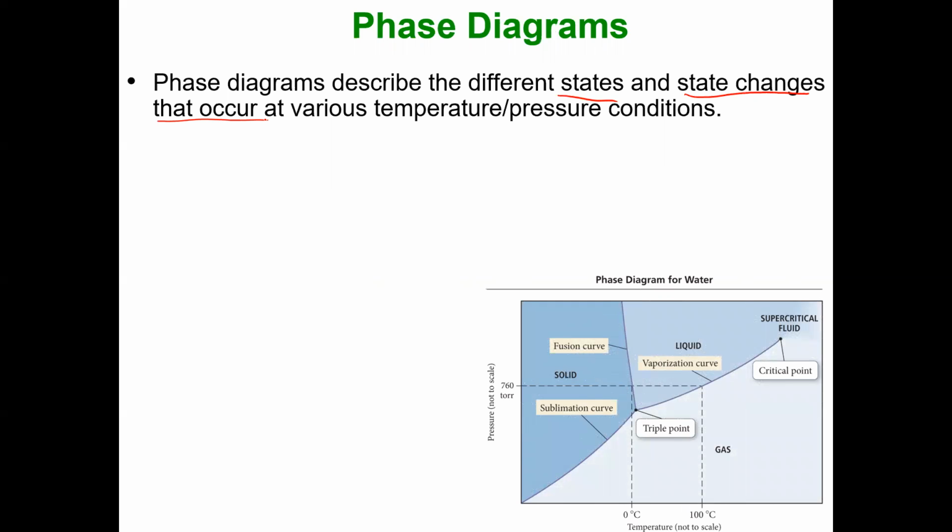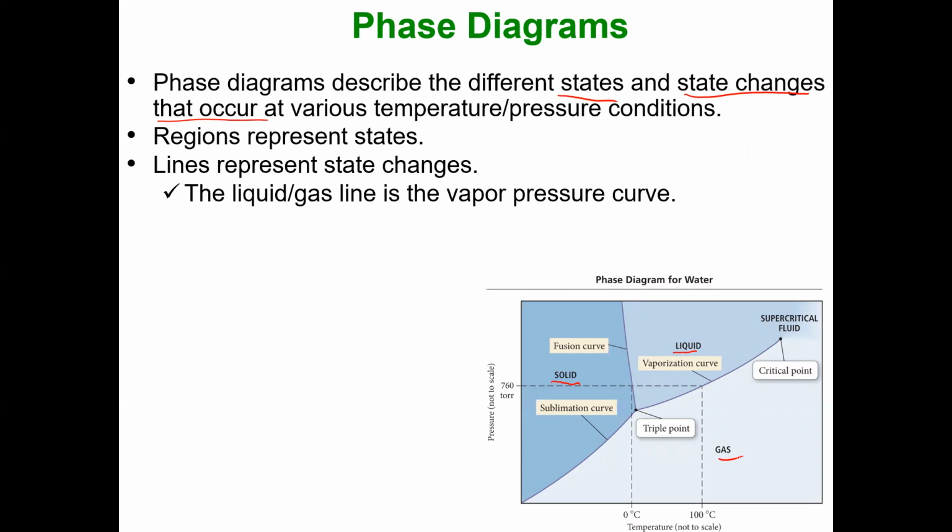So here is a phase diagram of water. And again, we see that fork, and it's separated into solid, liquid, and gas. Now, each region represents the state. The lines are going to represent the state changes that we've already talked about. So, this line between the liquid and the gas is the vaporization.